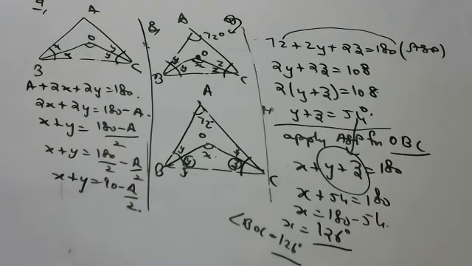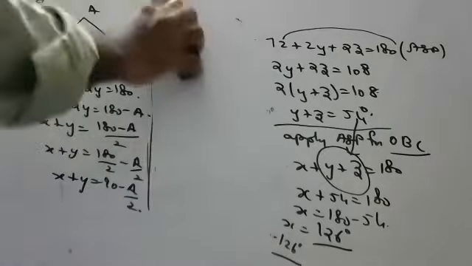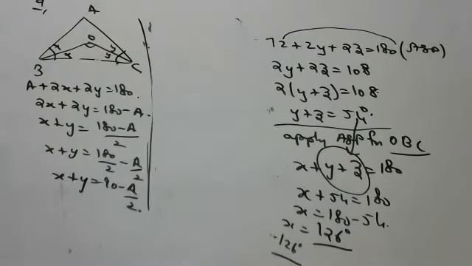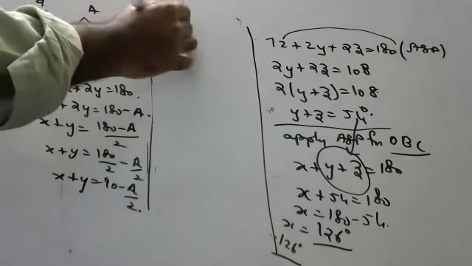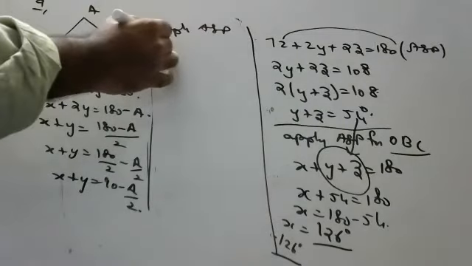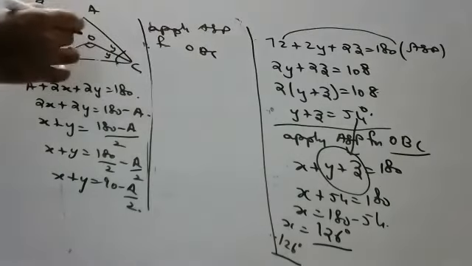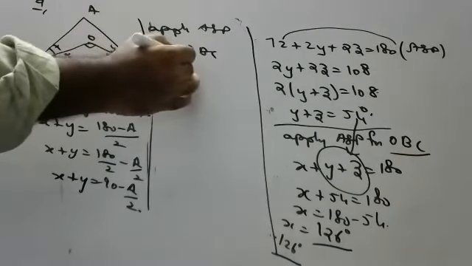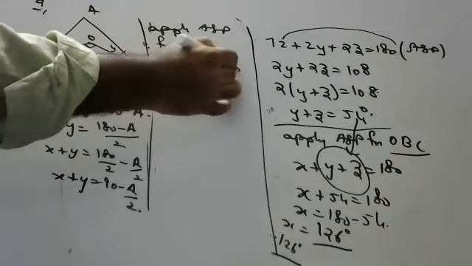Now suppose we have to find angle O. If you want angle O, apply angle sum property for OBC. Angle O plus x plus y is equal to 180.